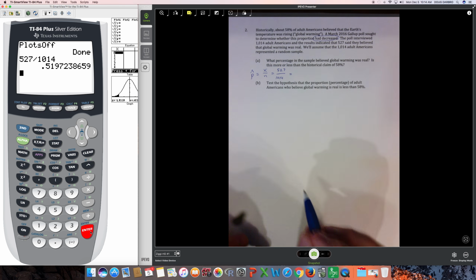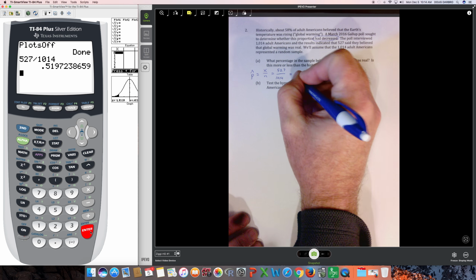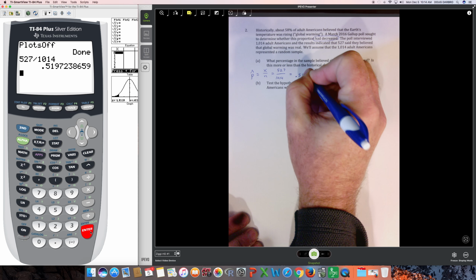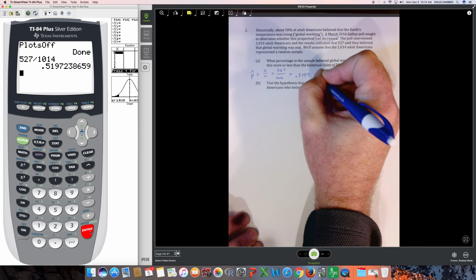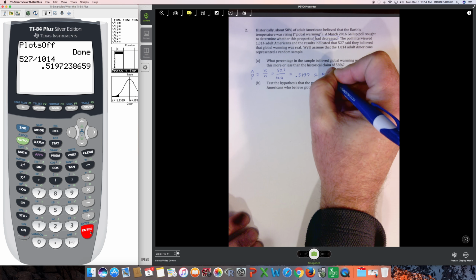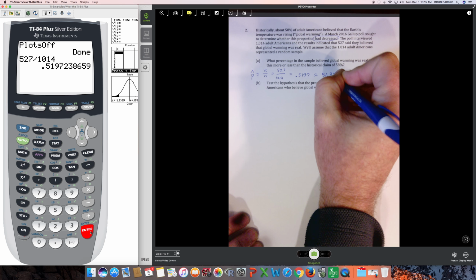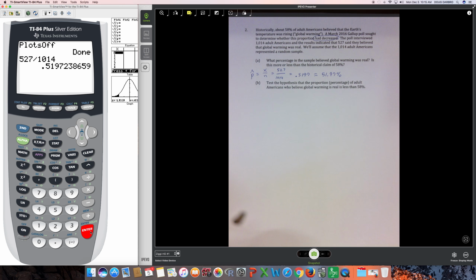So we have 0.5197, which is about 51.97%.